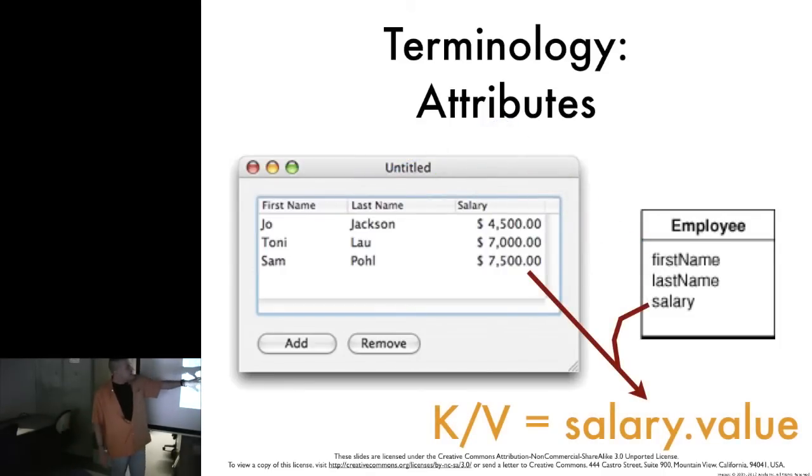In this case, if we've got an employee object, the way that we reference this value for his salary is salary.value, which should look really, really familiar. And we're going to see some more extensive use of this later on, and you'll see the difference between just the regular property operators and key value coding in the way that it's handled.